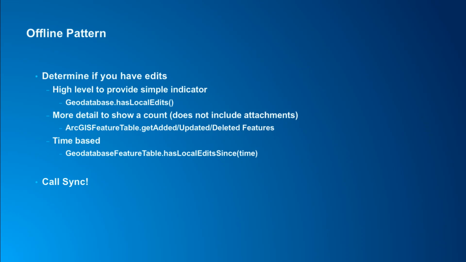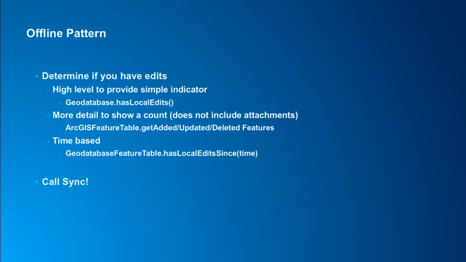And you do that through the geodatabase has local edits property, that tells you at a very high level whether there are edits client-side that need to sync. So if you want to provide a very simple red dot that says, yes, you've got edits, you can use that method. If you want more details and to understand how many features have been edited, there are the ArcGIS feature table get added, get updated, and get deleted feature methods that actually give you back the number of features that have been changed in the table.